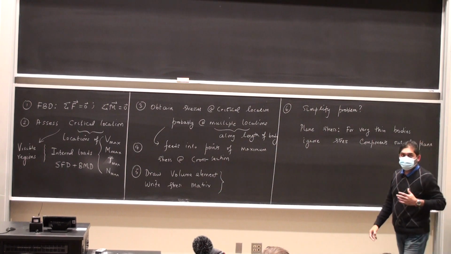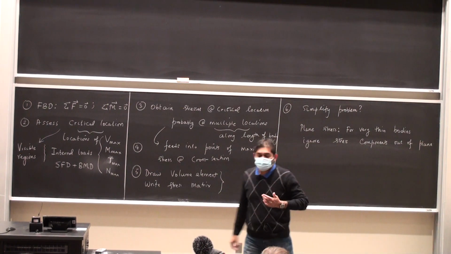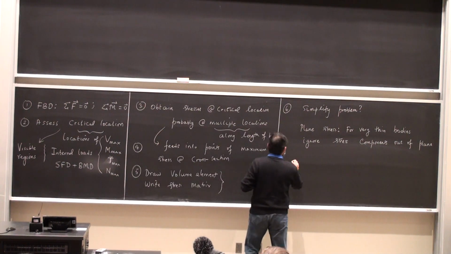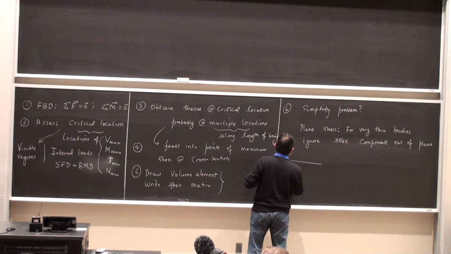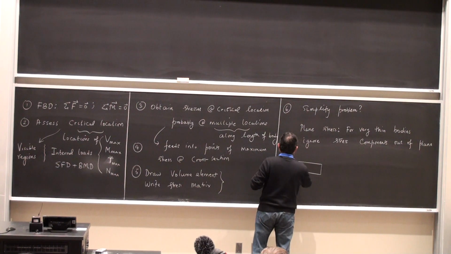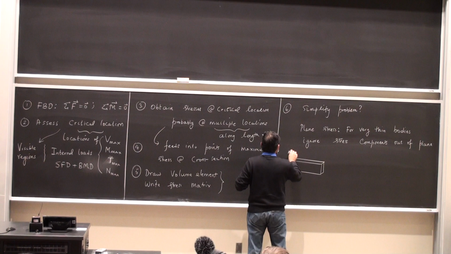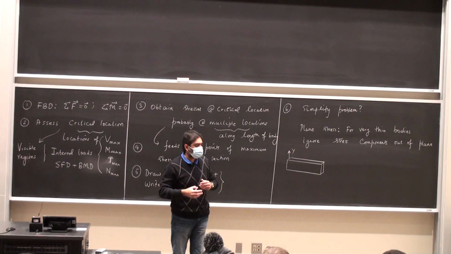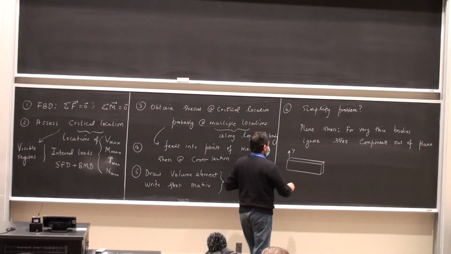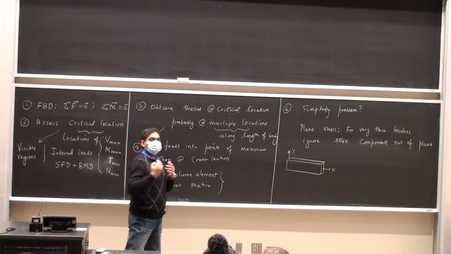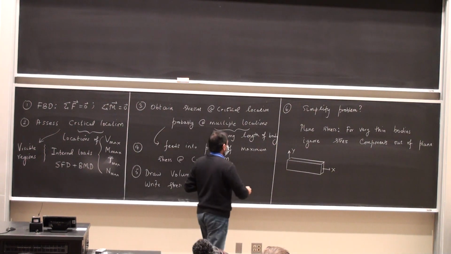So for very thin bodies, ignore the stress components out of the plane of the body. As an example, we looked at things last time. Let's say this is a body, a thin body, long, but very thin, with an x-axis and y-axis. The z-axis is the axis that is out of plane here.